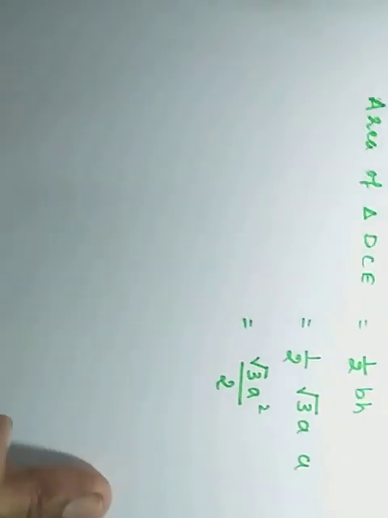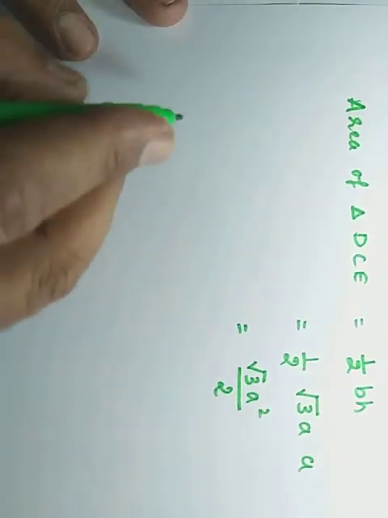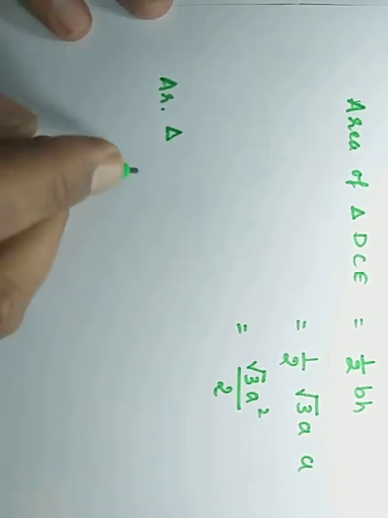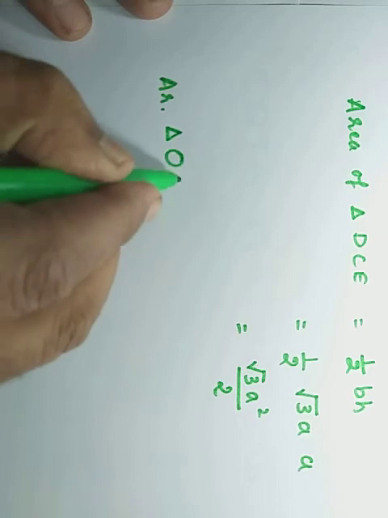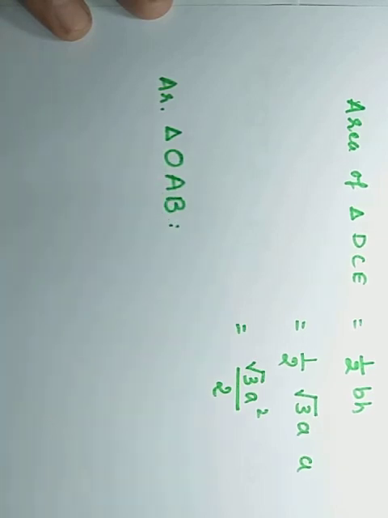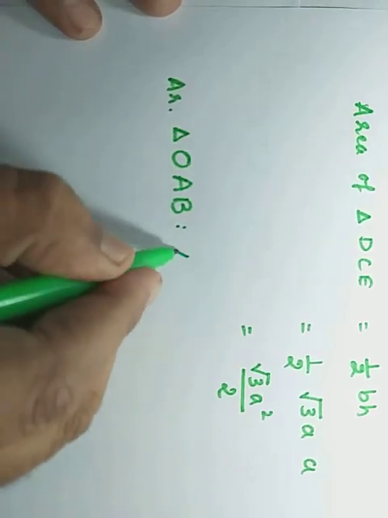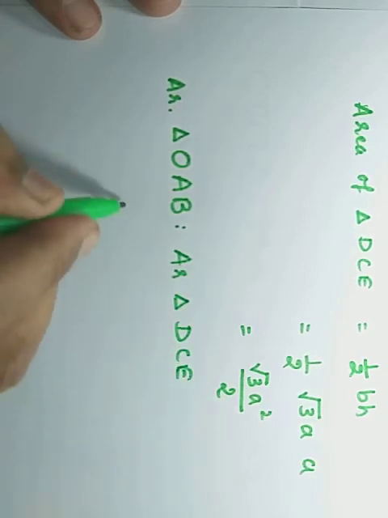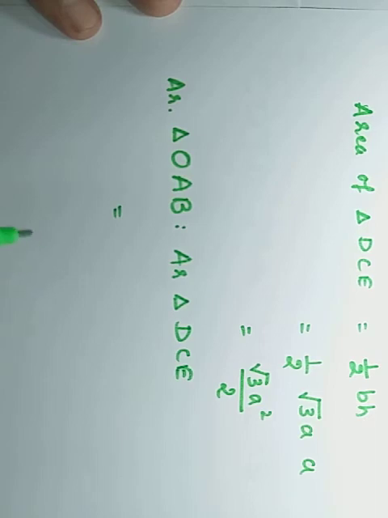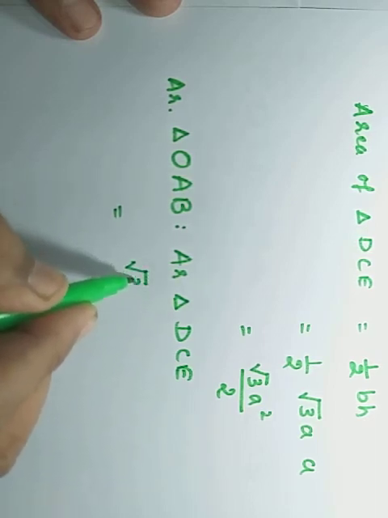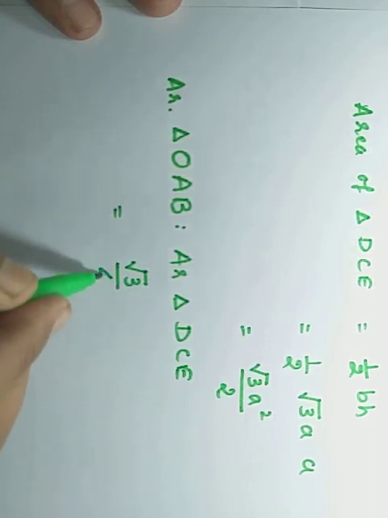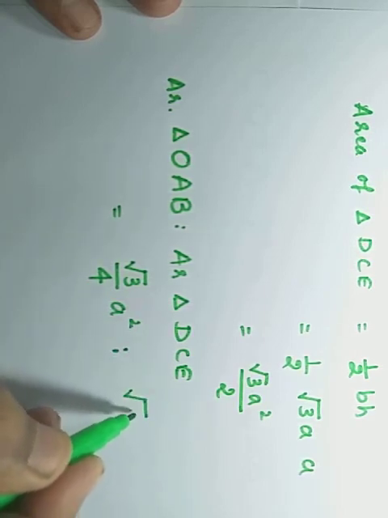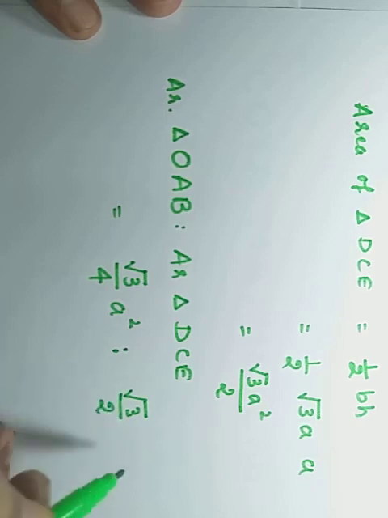The ratio of the area of triangle OAB to the area of triangle DCE is equal to root 3 by 4 a square is to root 3 by 2 a square.